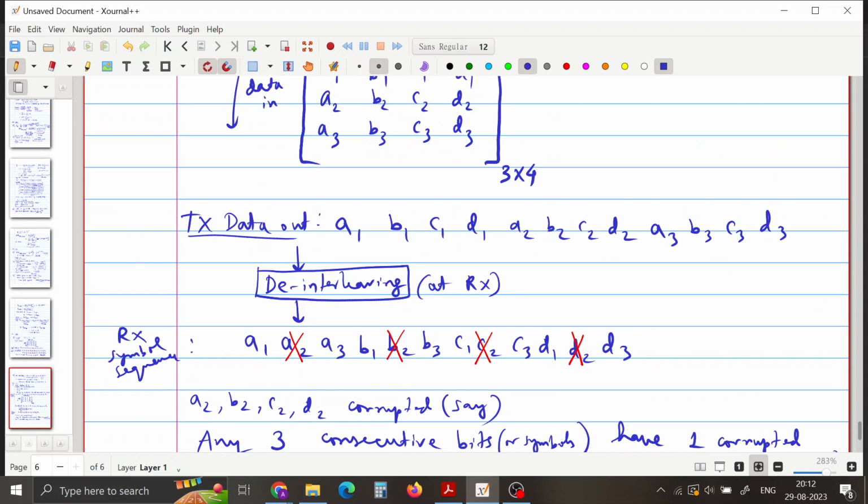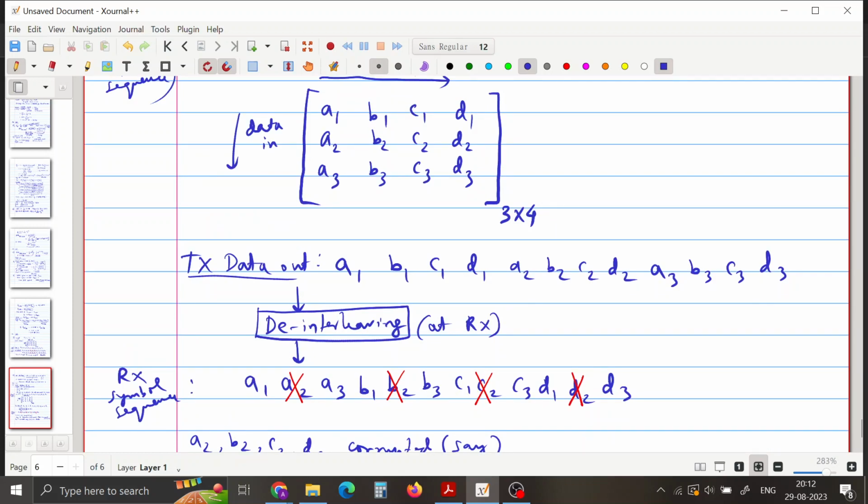And so in this case, we assume that A2, B2, C2, D2 are getting corrupted. So in my interleaver structure, what are my compromised bits or symbols? This entire second row is in error.